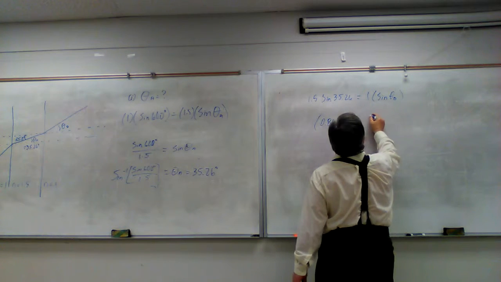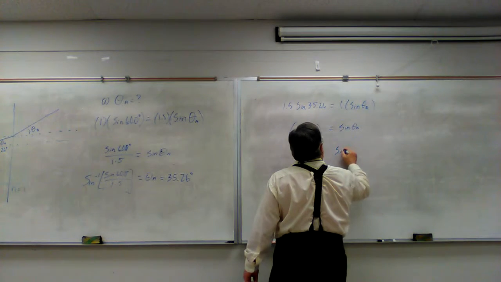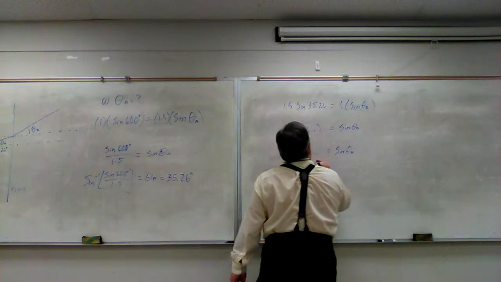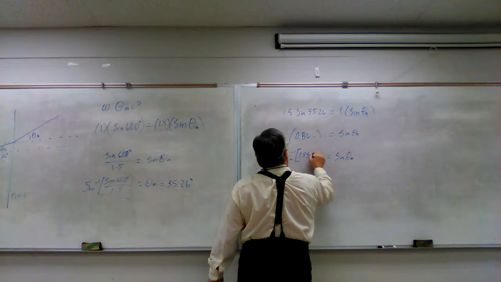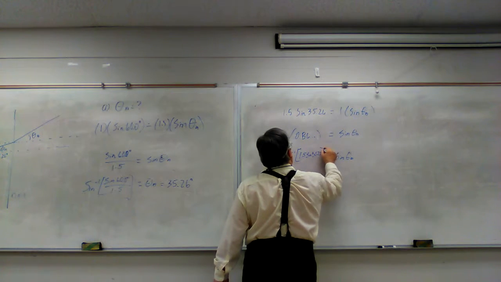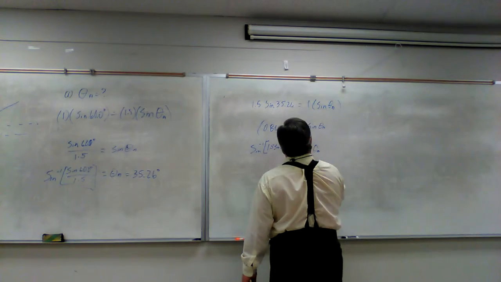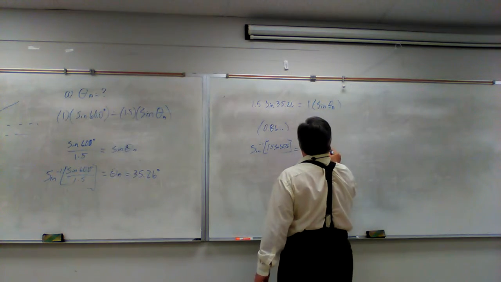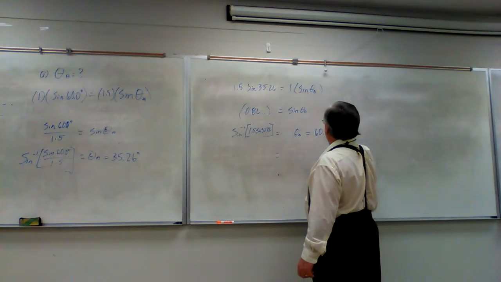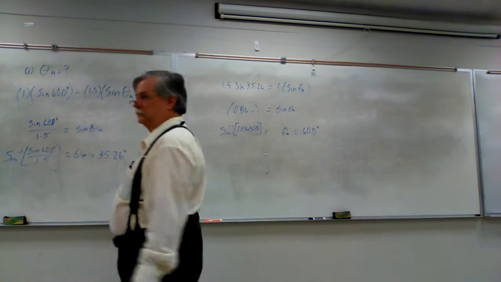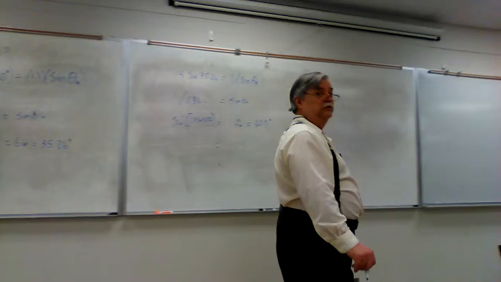So all of that is equal to sine theta sub B, and therefore theta sub B is equal to the inverse sine of 1.5 sine 35.26, which equals, if you don't round off in the middle, then it'll come back to a perfect 60, or it should.